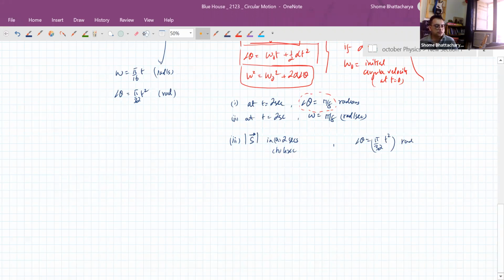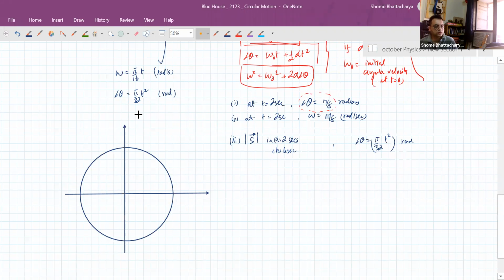If you visualize the circular motion, let's say the particle started from here at t equal to 0. This was the position. So at t equal to 2 seconds, the angular displacement we have seen is pi by 8. That would be somewhere here.